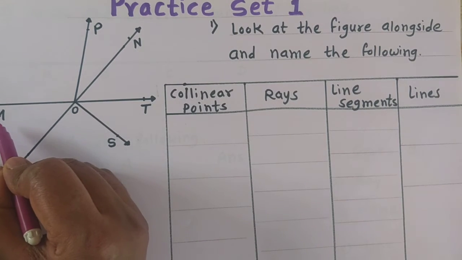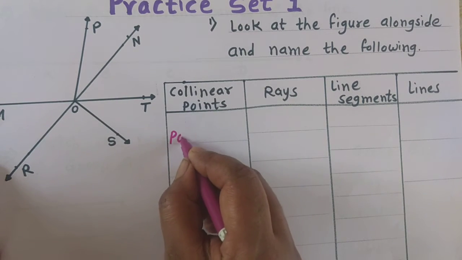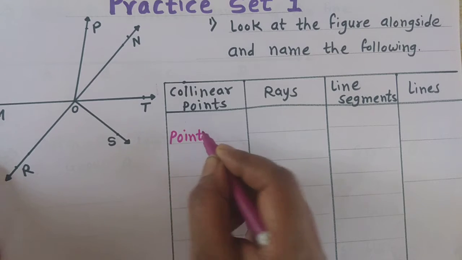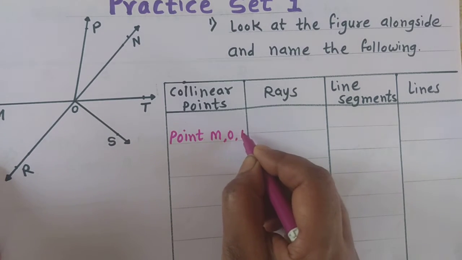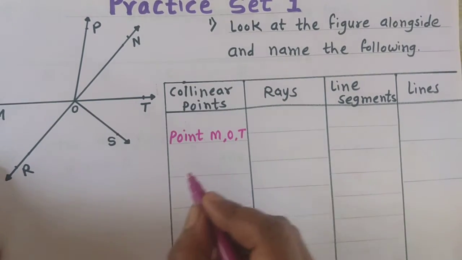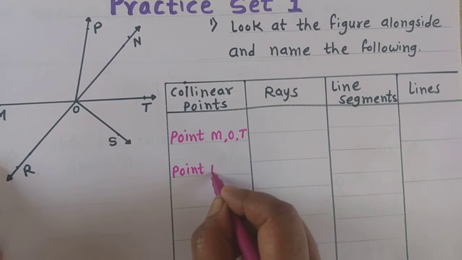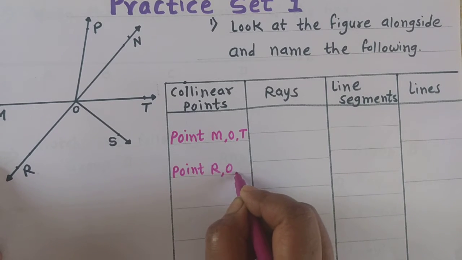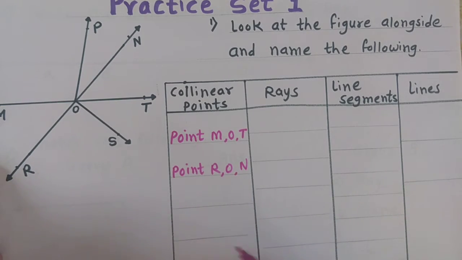Points M, O, T and points R, O, N are the collinear points.